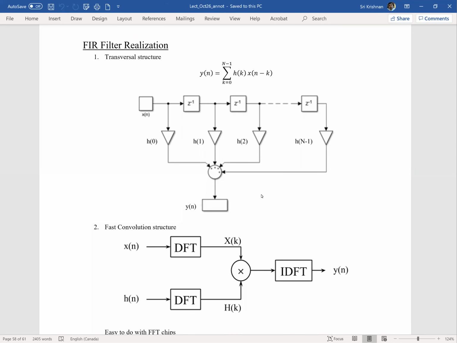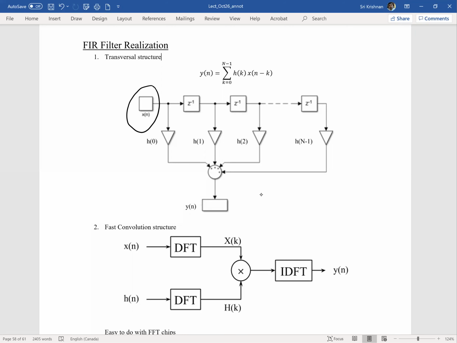So essentially, in this filtering, the input variable X goes into the filter, which has a delay element Z minus 1 and multipliers and an adder. Essentially it's a multiply and accumulate operation, and that's nothing but the convolution expression as well.